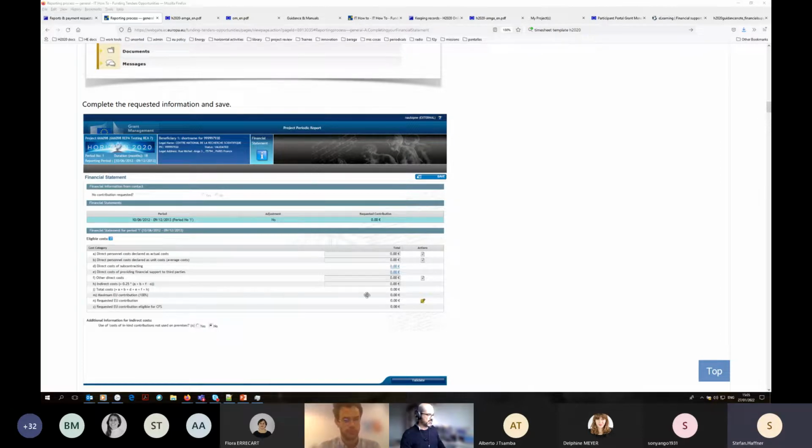The maximum EU contribution will appear here, which will be the 100%. And down here, you will have the requested EU contribution. So the maximum EU contribution will be a function of your real costs. And the requested one will be how much you adjust as a function of the funding rate that your particular organization has within LIBRE. Okay?